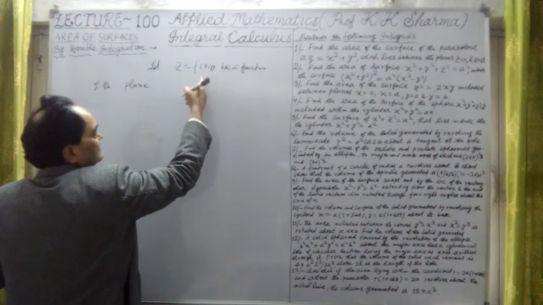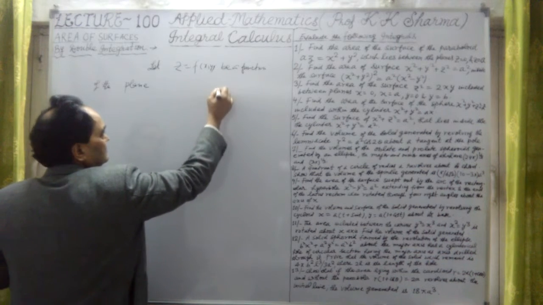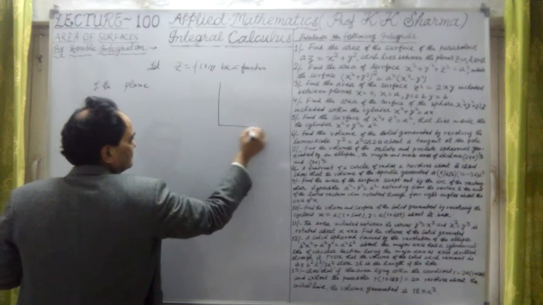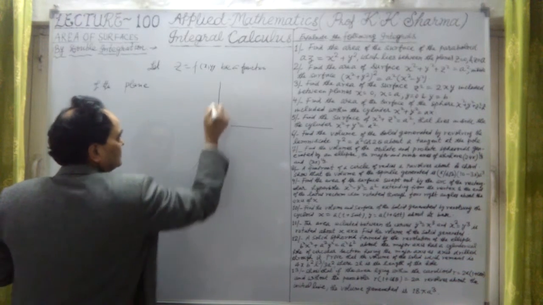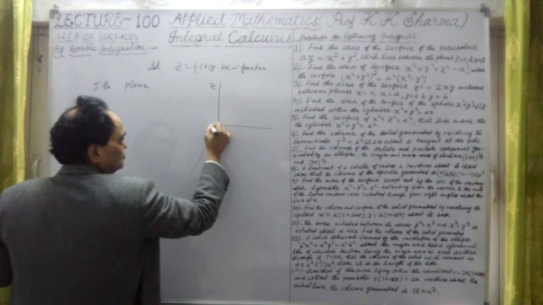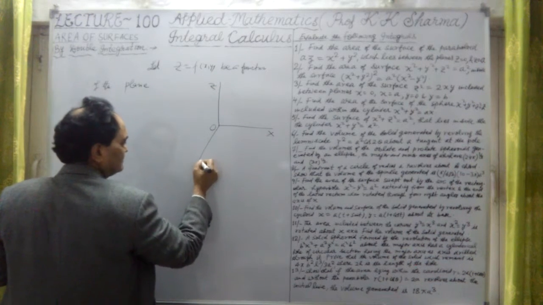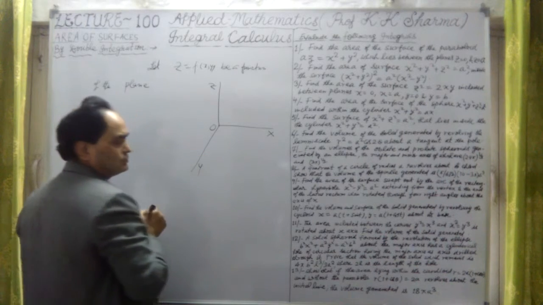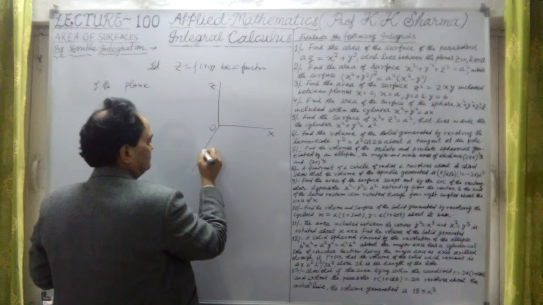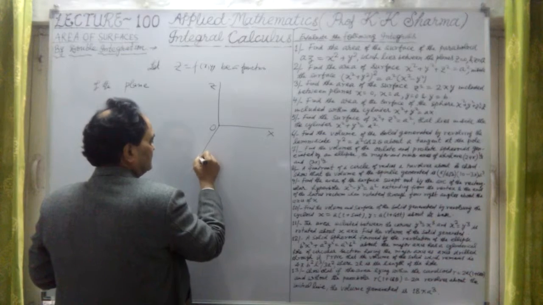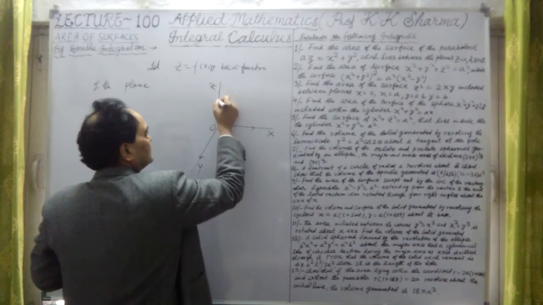Here z is defined in terms of x and y. Let me take this is the z axis here, O, this is the x axis, this is the y axis. So this is the xy plane here, with x, y, z in this case. This is the y axis, this is the x axis, z axis.